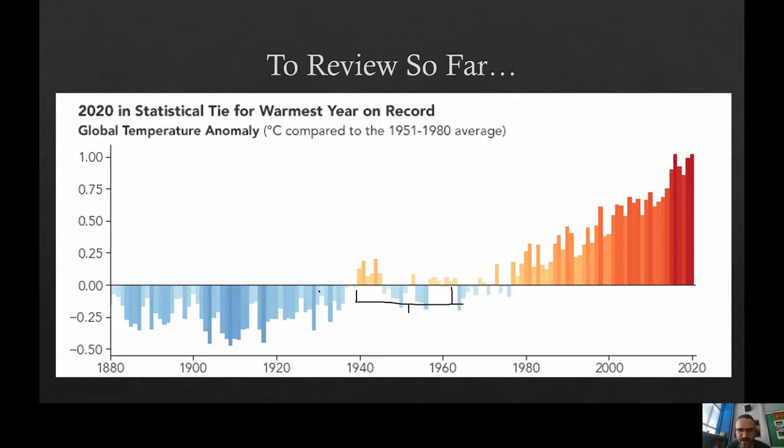But before that time, it was a little bit cooler. So regardless of that, we can see that maybe we were in a slight warming trend for about 100 years here. And then in 1980, it's picking up. So that's global warming. We learned that obviously Earth is getting hotter.